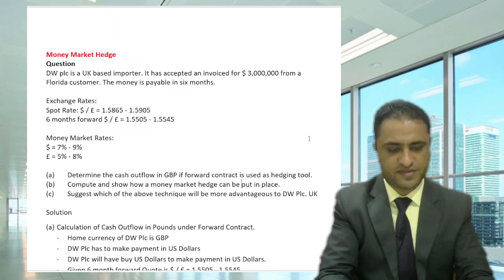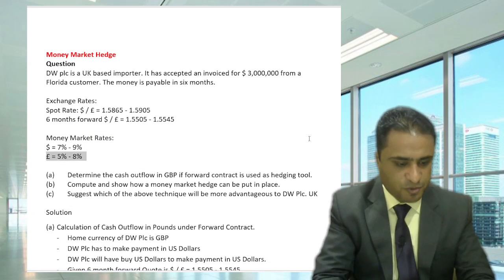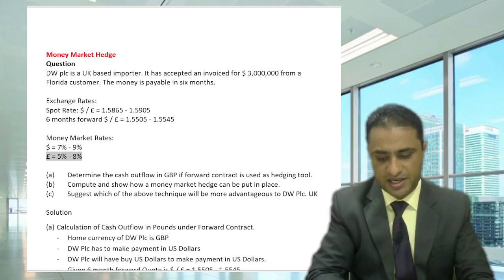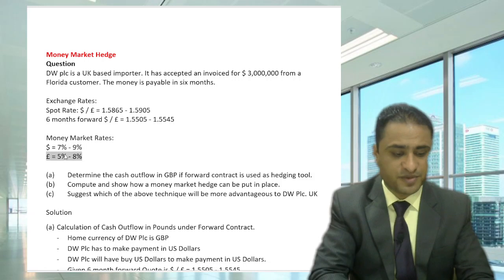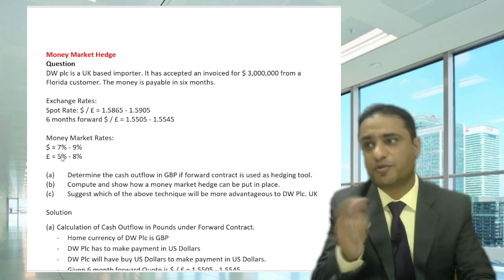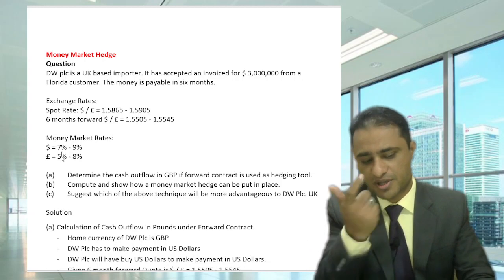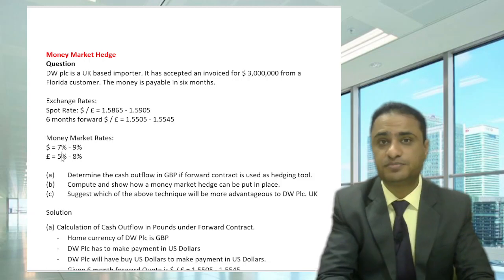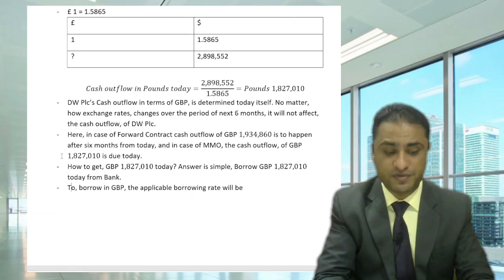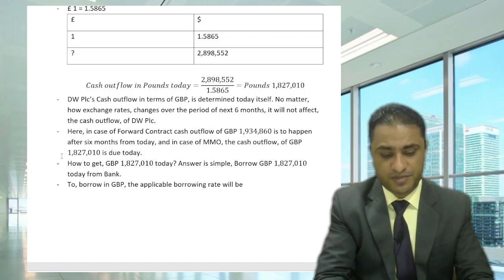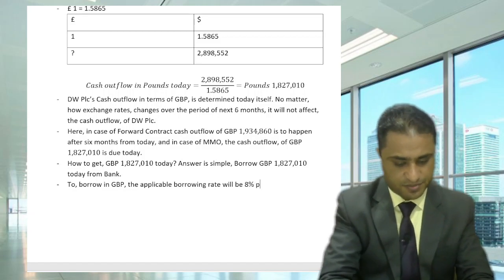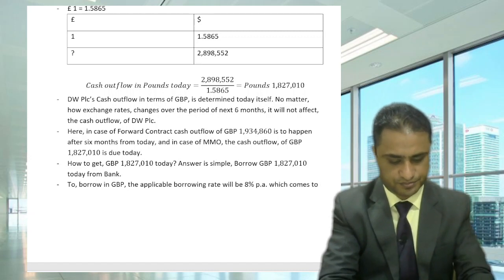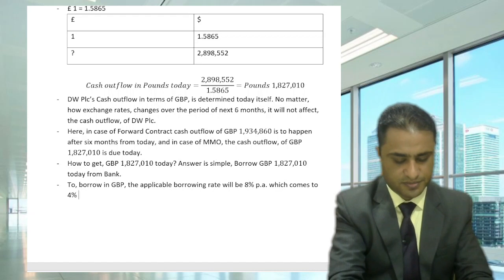Let's come back to the question again. For the money market interest rate, there are two rates of pounds. One is of 5% and another is 8%. 5% is what you get when you deposit in Great Britain pound, and 8% you will have to pay when you borrow in Great Britain pounds. We are borrowing in GBP. To borrow in GBP, the applicable borrowing rate will be 8% per annum, which comes to 4% for 6 months.